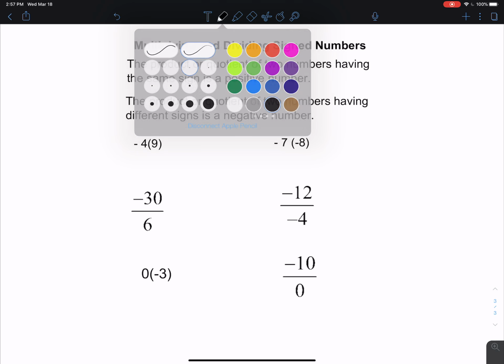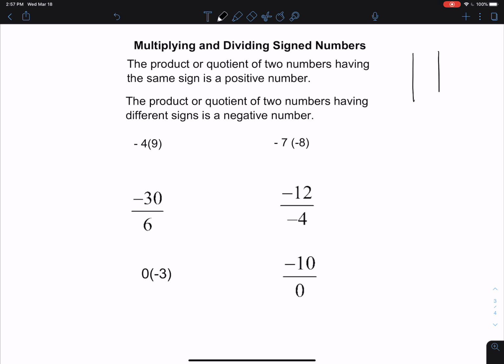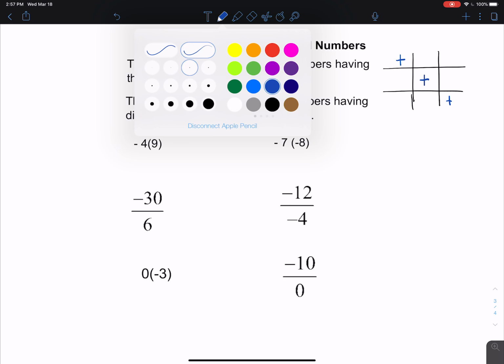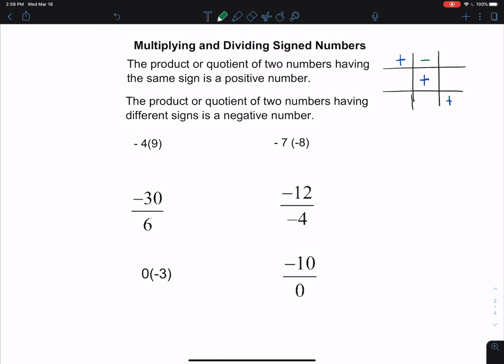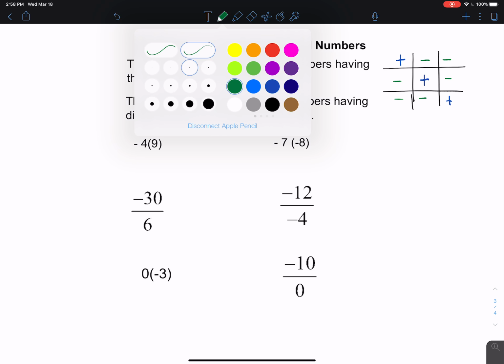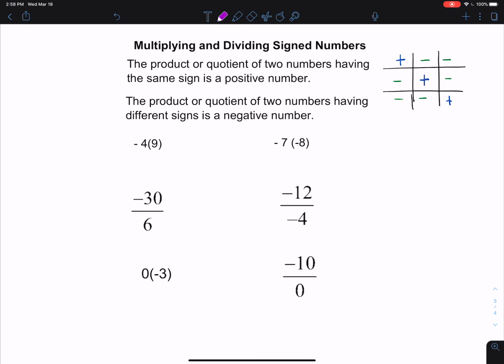So one of the ways I help remember this is with a tic-tac-toe board. When I play tic-tac-toe, I like to win on my diagonal. So I'll put positives on the diagonal because winning's good, right? And then when I lose, the losers can take everything else.